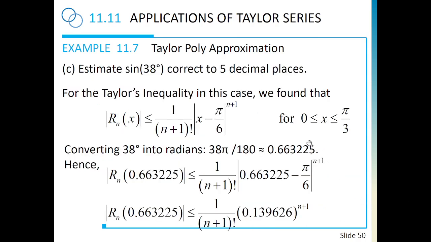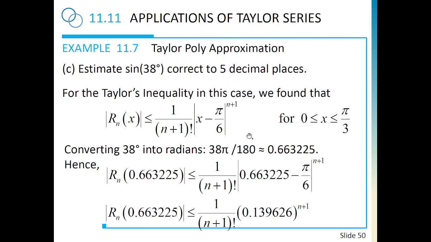And the last part is to estimate the value of the sine at 38 degrees, and that should be correct to 5 decimal places. Okay, let's see how to do it. Obviously we will use Taylor's inequality because that's our only option here, and this is the formula.